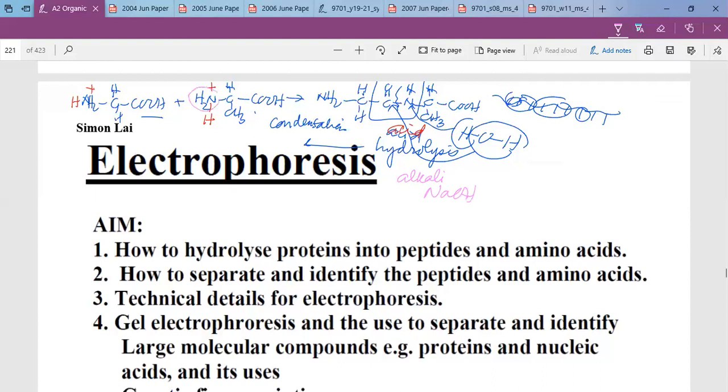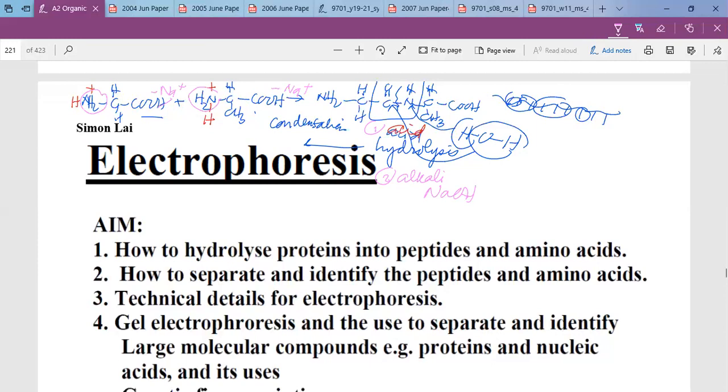It remains the same, but this part is minus and the Na plus is from the salt. So be aware of this. The type of product you form by acidic hydrolysis and alkaline hydrolysis are different. You will see more later. They are very specific in the answer.